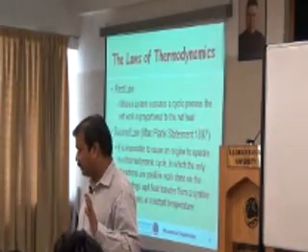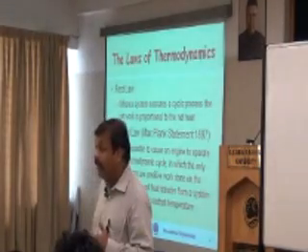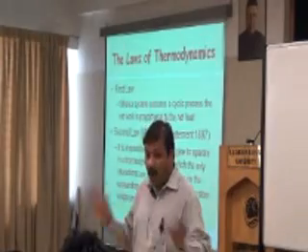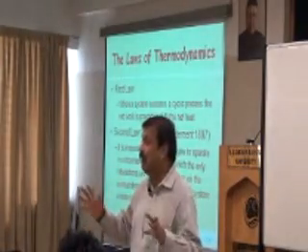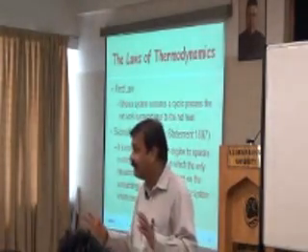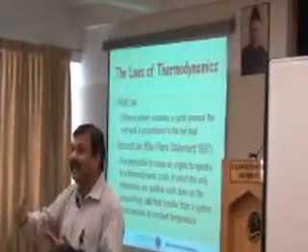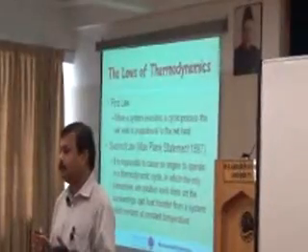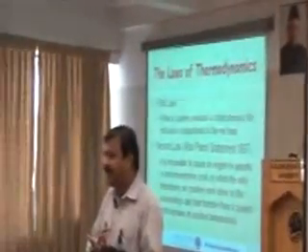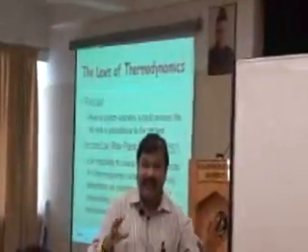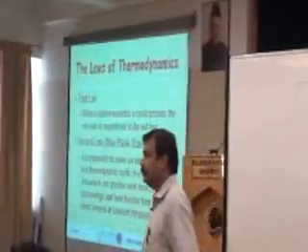So 1 minus T2 by T1 is going to be much lower than 100%. No heat engine can give actual efficiency more than Carnot efficiency. Carnot efficiency is the theoretical upper limit for heat to work conversion.